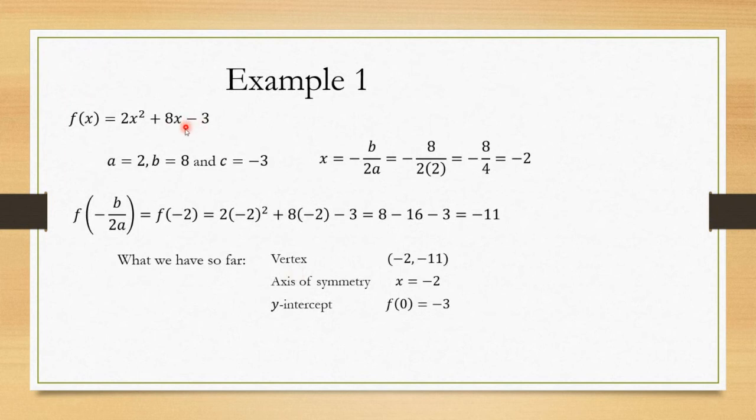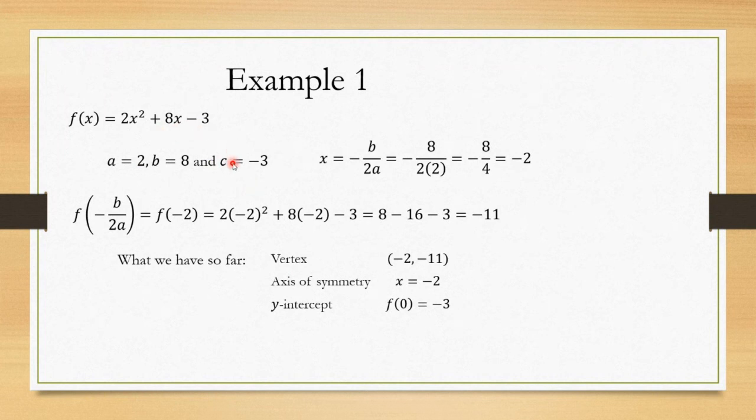So for instance, let's say this was our quadratic function here. We have 2x squared plus 8x minus 3. So here we have a is 2, b is 8, and c is negative 3. So again, a is 2, b is 8, c is negative 3.